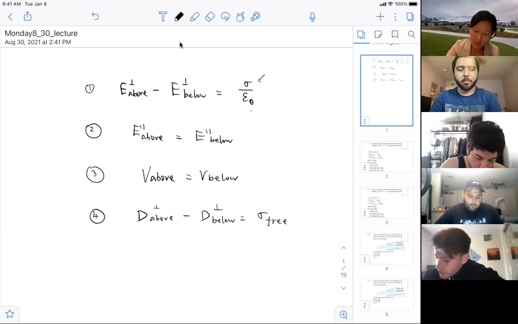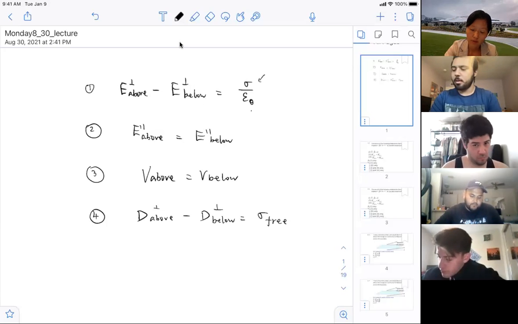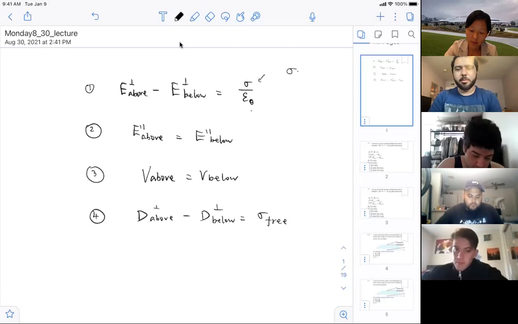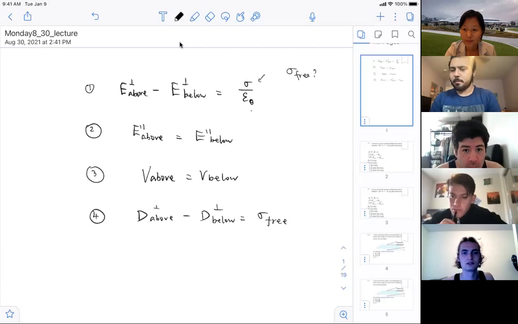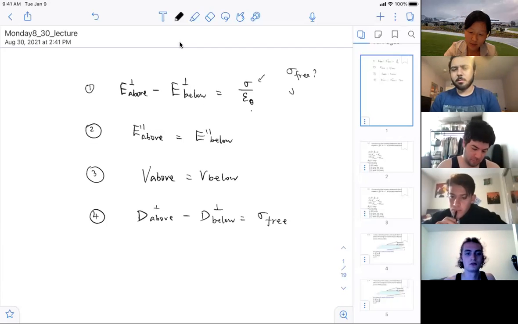And what is this sigma for the first boundary condition? Is it sigma free? Is it sigma total? Yes, this one is sigma total.